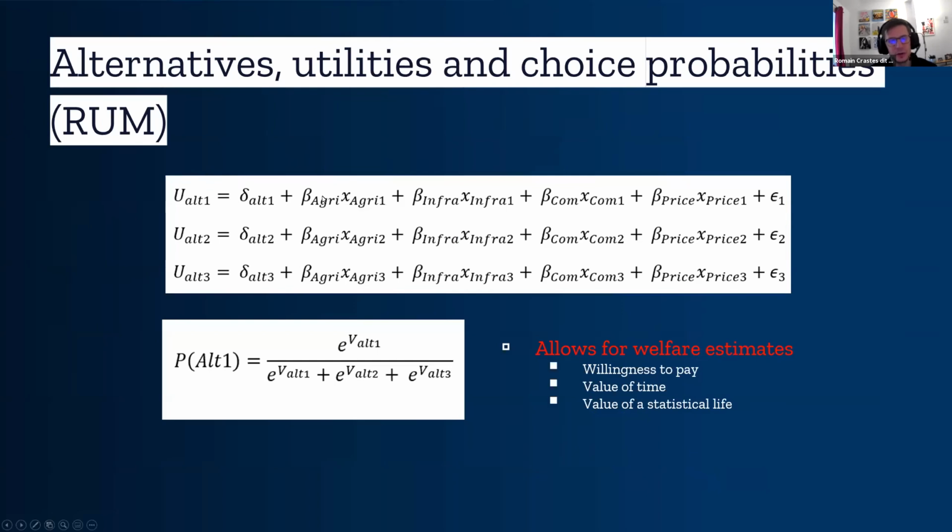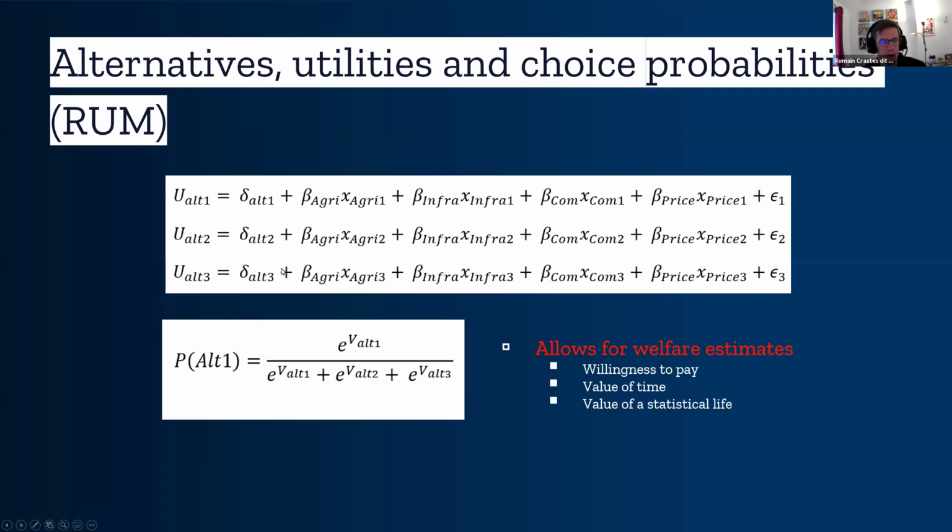So this is what my utility functions look like. We've got the utility for alternative 1, which is basically a constant, plus the beta, that is the utility derived from protecting against flood via agricultural methods, and so on with the other attributes, plus an error term. And this is the same, but with different values for the other alternatives.